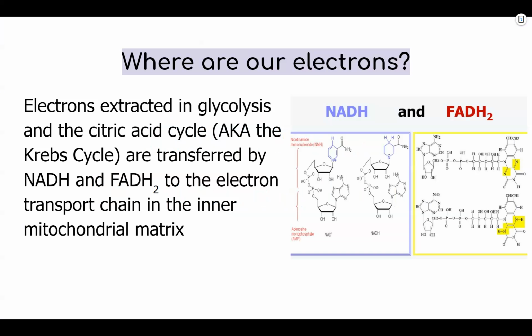So, starting off, where are our electrons, right? We finished off yesterday, and we had NADH and FADH2. Those alphabet soups are electron carriers. We got some from glycolysis, and we got some from the oxidation of pyruvate, and we got some from the citric acid cycle or the Krebs cycle.